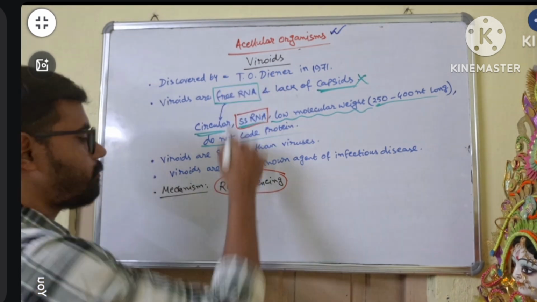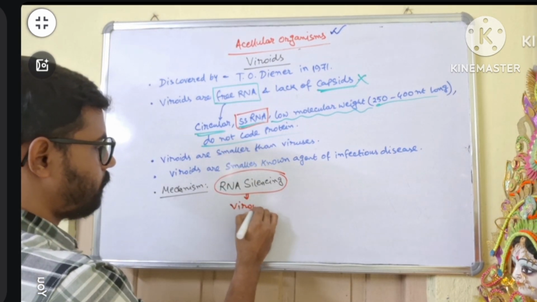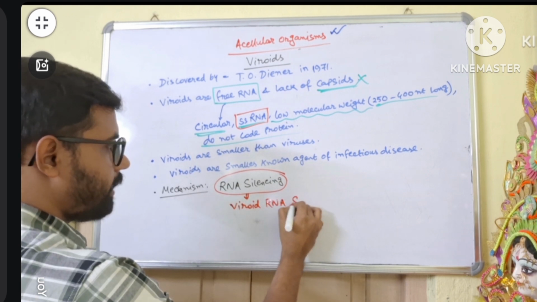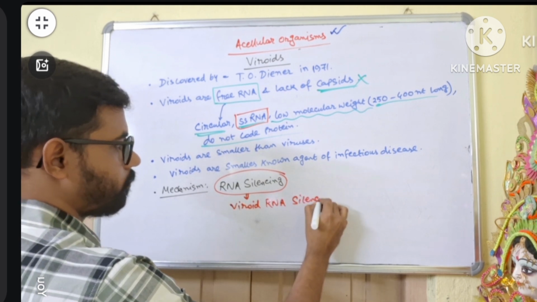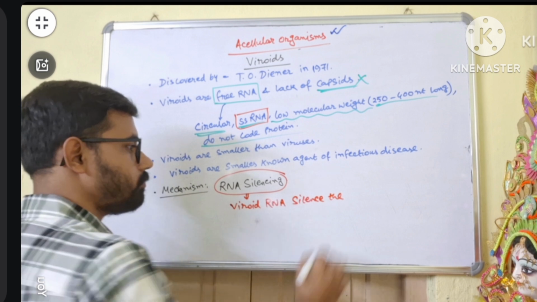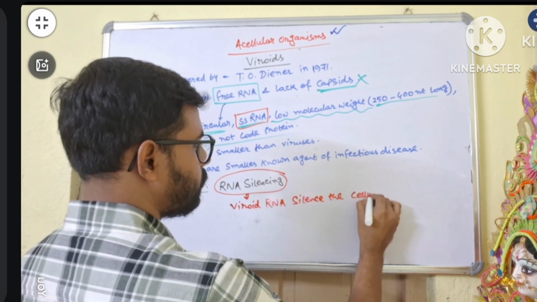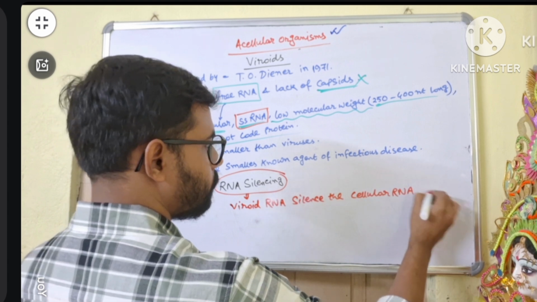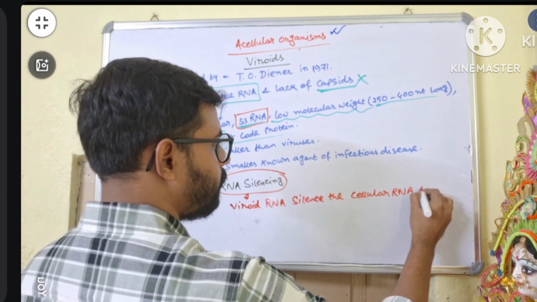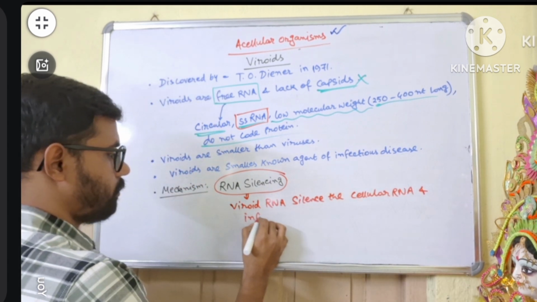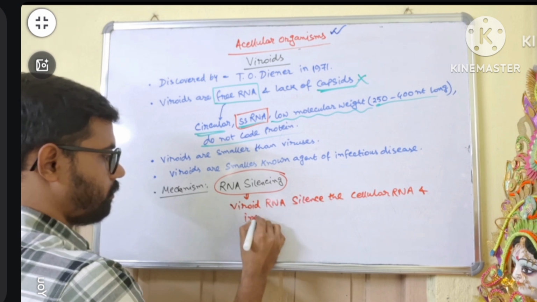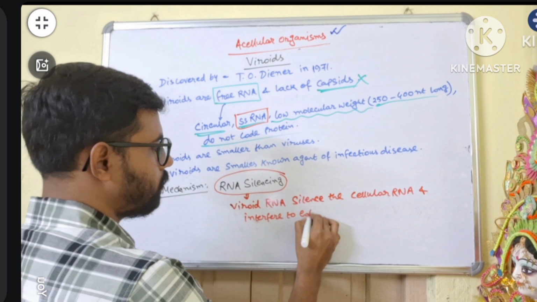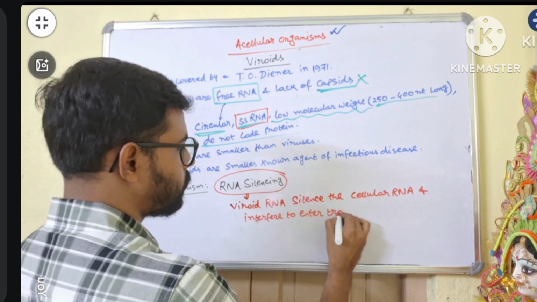RNA silencing means this viroid RNA silences this cellular RNA and interferes with the translation process.